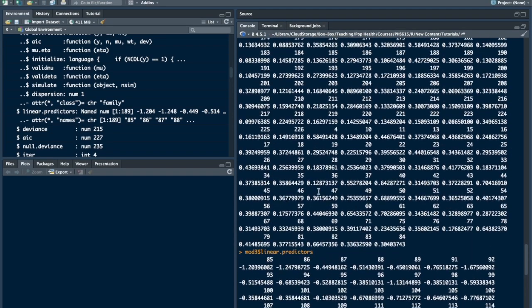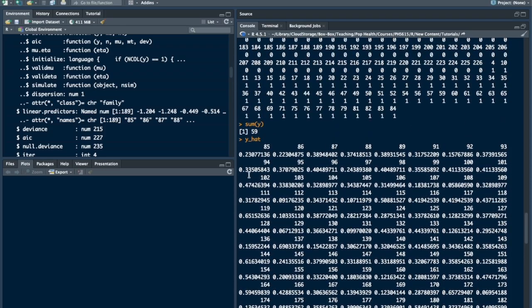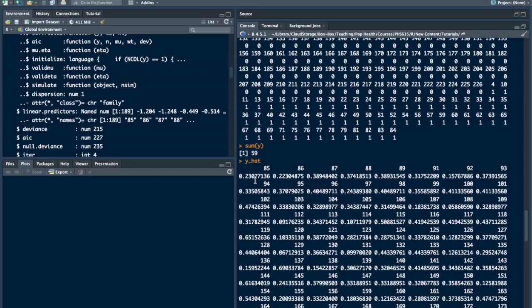This is the number that you would get if you use the regression equation. So for case 85, a logit of negative 1.20 corresponds to a probability of low birth weight for that case of 0.23, right? 23% chance. Somebody with those covariates, we would predict them to have a 23% chance of a low birth weight baby.